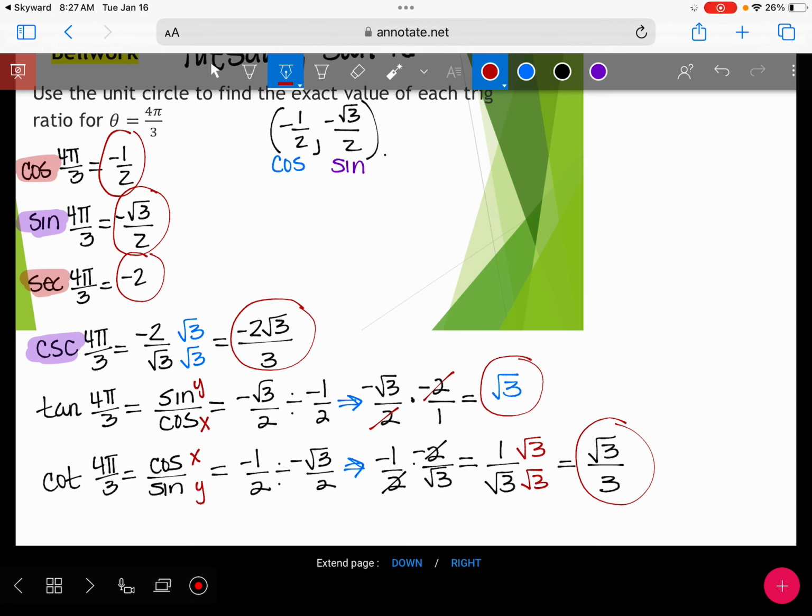A positive. So tangent and cotangent in quadrant 3 are positive. Any other questions?